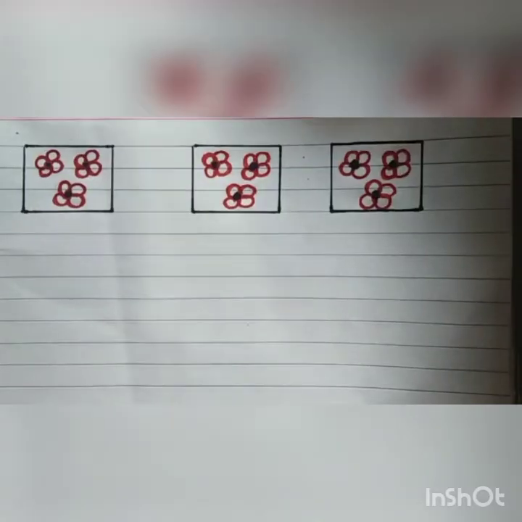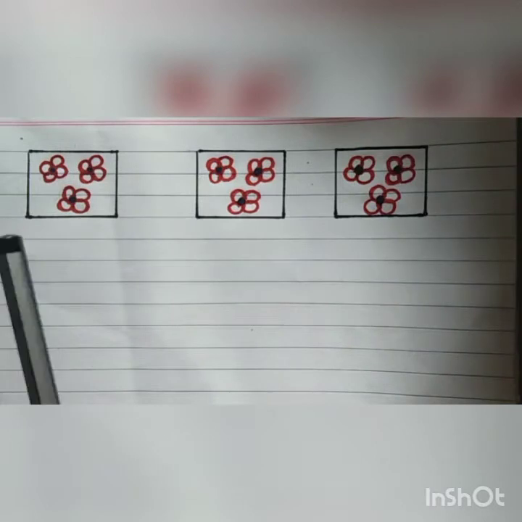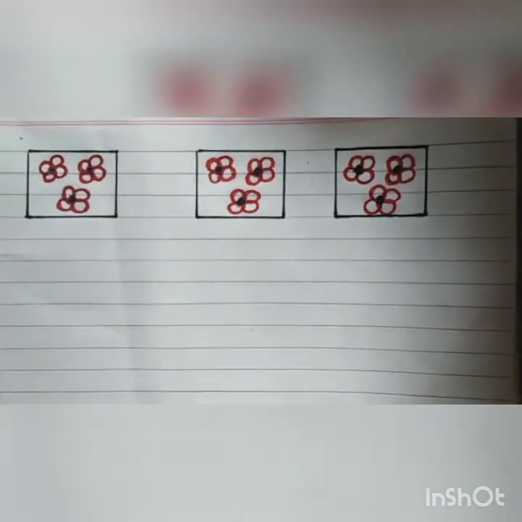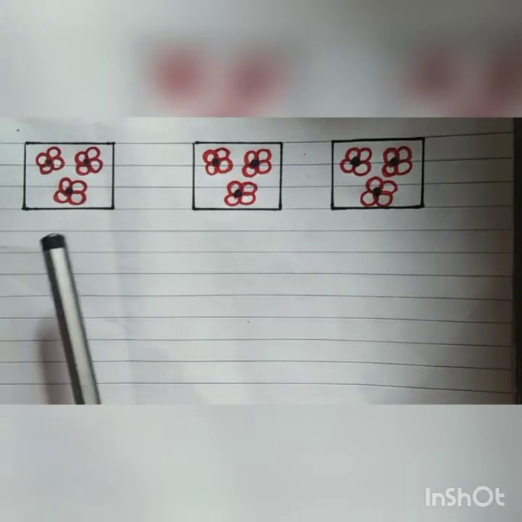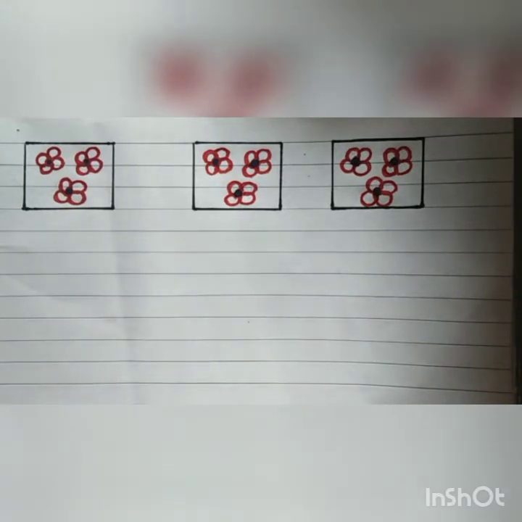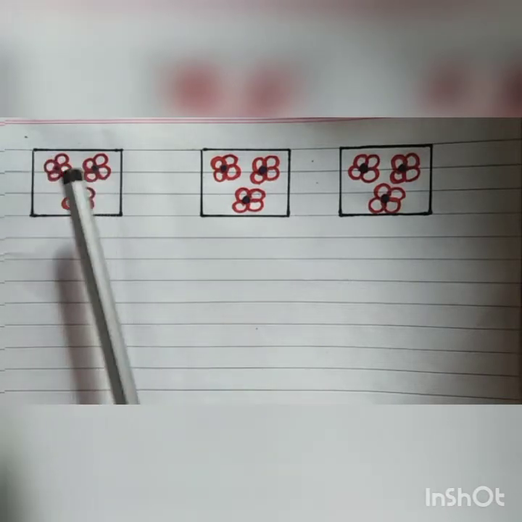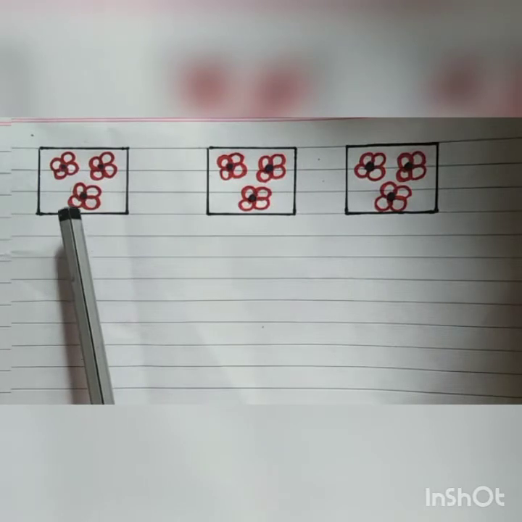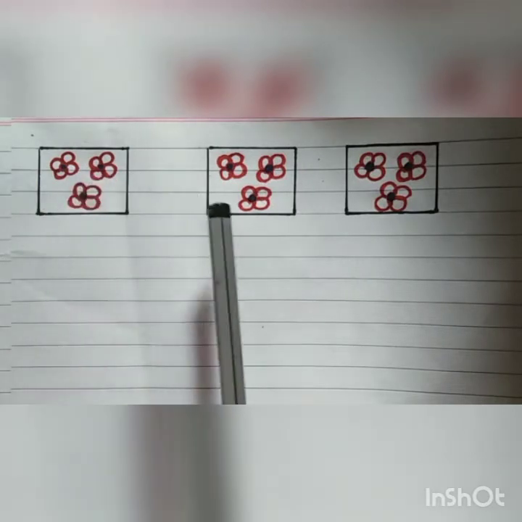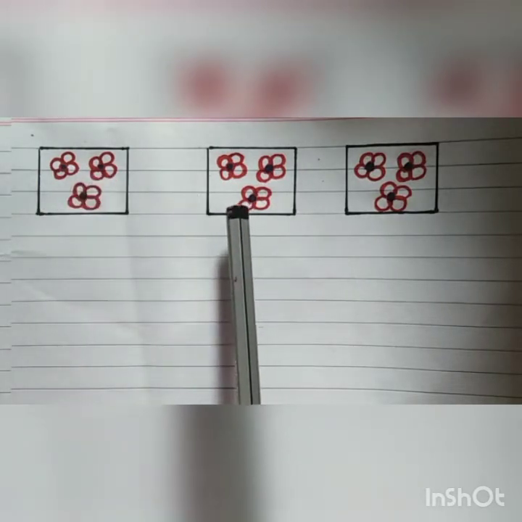Children, let's take one more example. Look at this picture carefully. Can you observe anything here? Yes, here you can see some flowers in each box. Children, tell me how many flowers are there in each box? We can count 1, 2, 3. So in the first box, there are 3 flowers. And in the second box also there are 3 flowers.